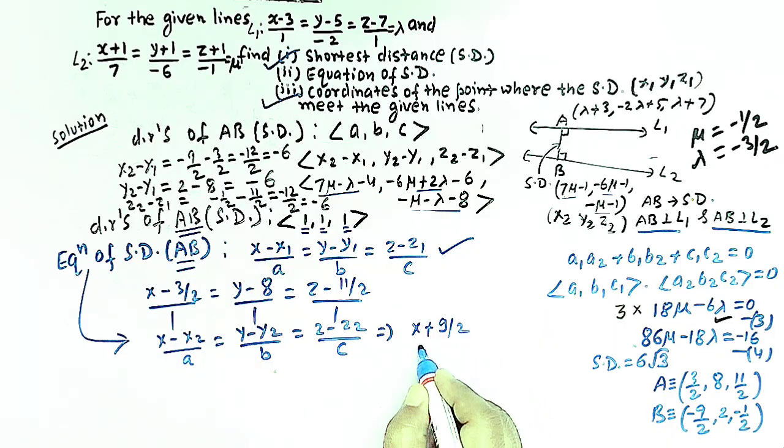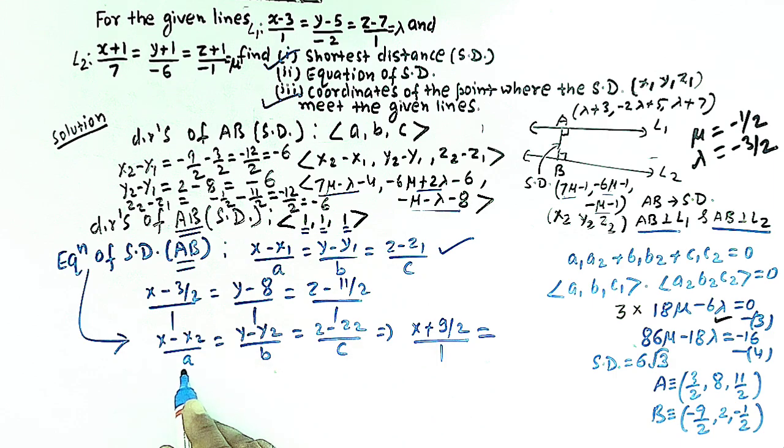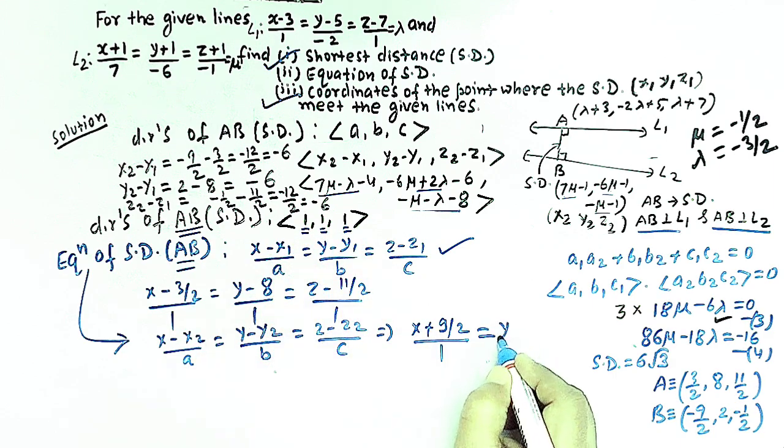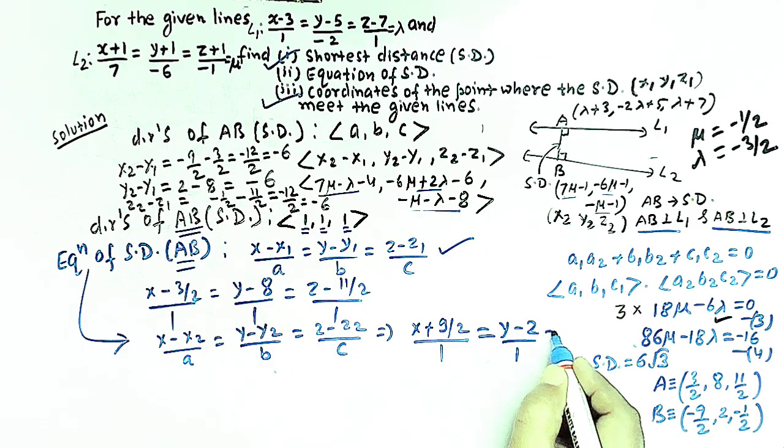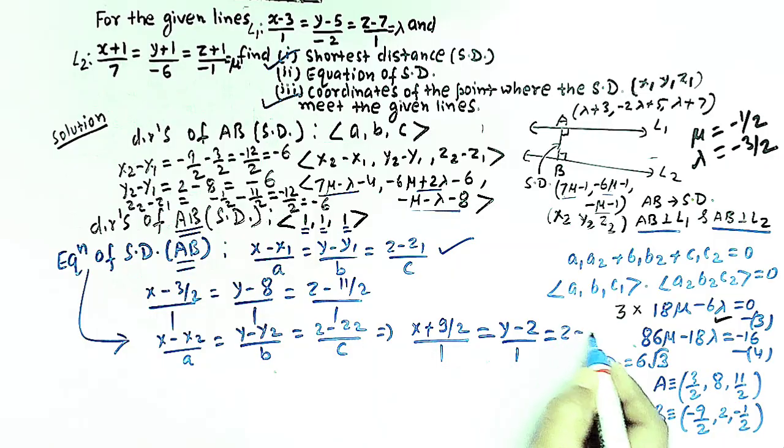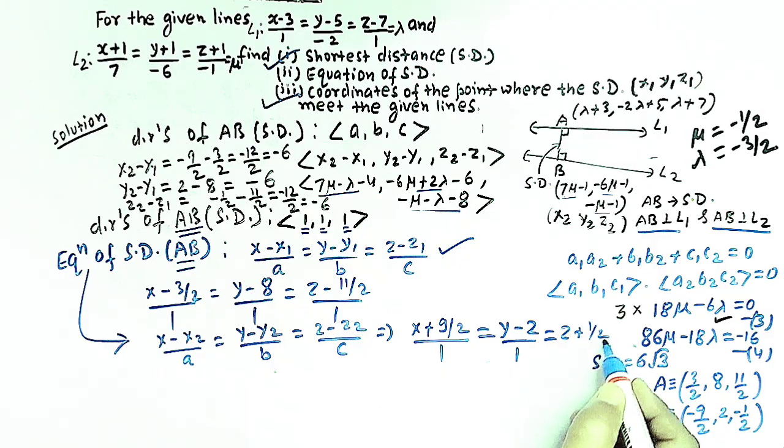So we have x plus 9 over 2 over 1, a is 1, b is 1, and c is 1. Then we have y minus y2, y2 is 2, and here we have 1. Then we have z minus z2, z2 is negative half, so this becomes positive, and here we have 1, right?